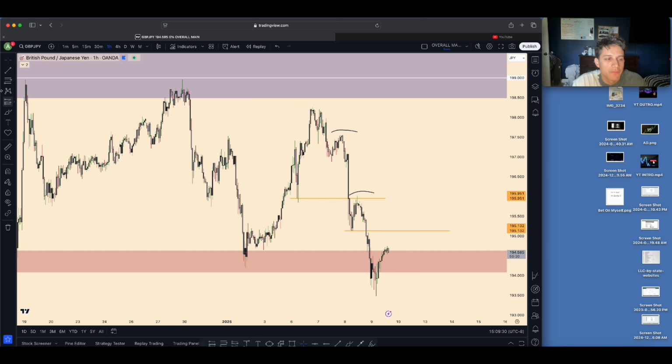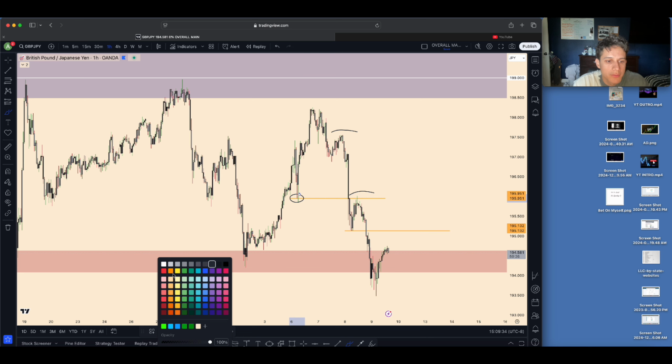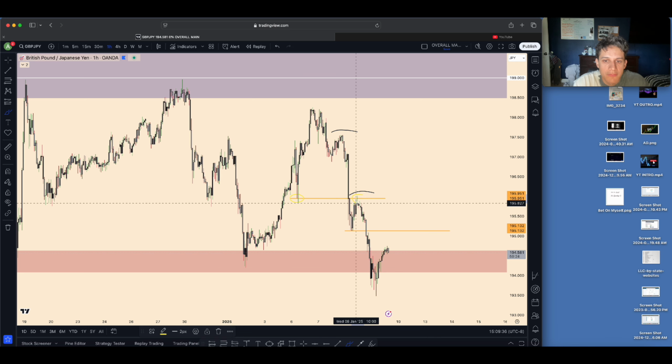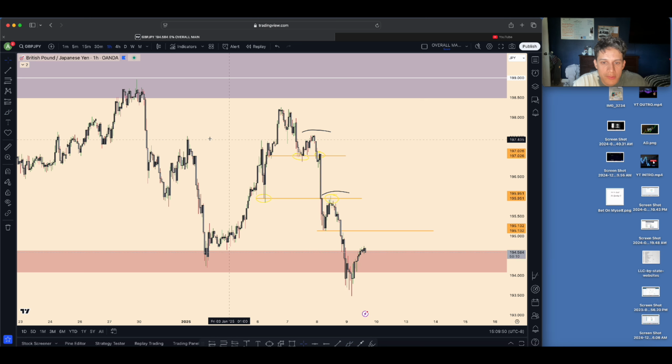And this is a perfect area of confluence for anyone that may have been looking for sales. Boom. Let's see, maybe even in here as well, you have this point here. Support, resistance. Yeah, so let's see in this area here.